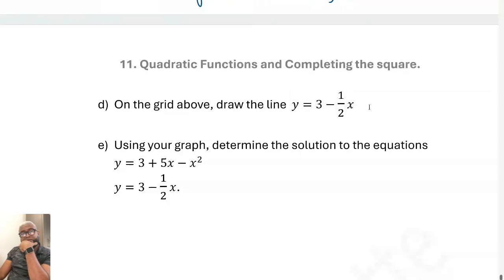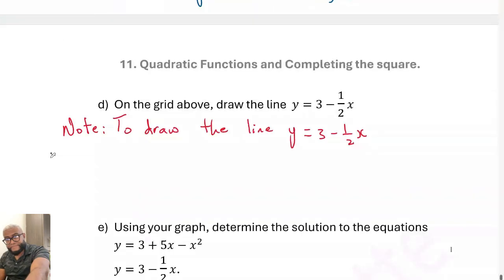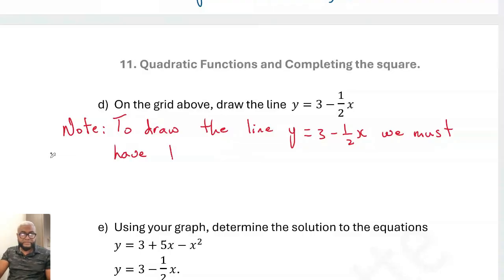On the grid above, draw this line, right? Now, in order to draw the line, y is equal to negative a half x, we must have two coordinates on the line.